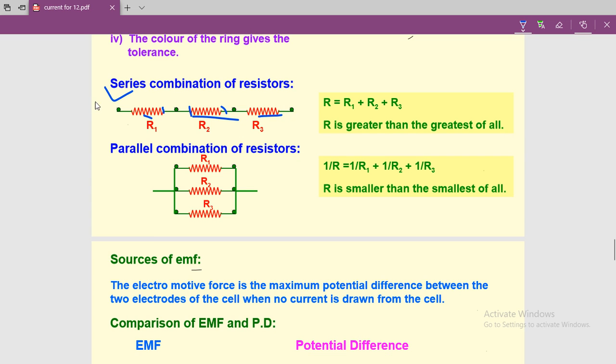So we can connect the cell at these open ends of this circuit.